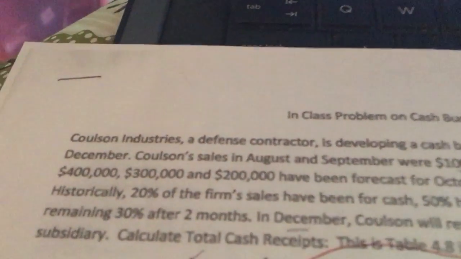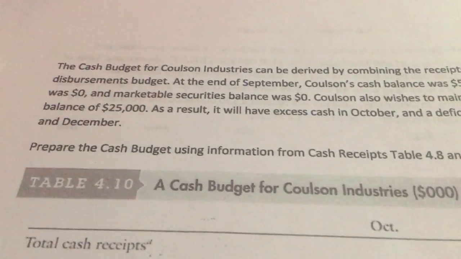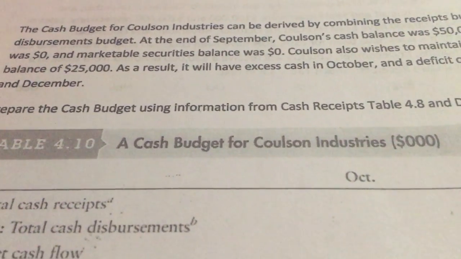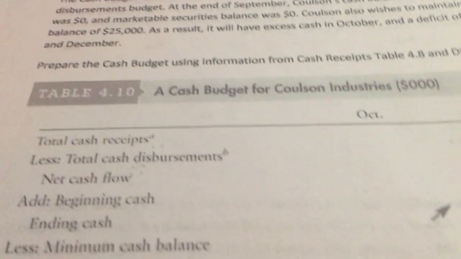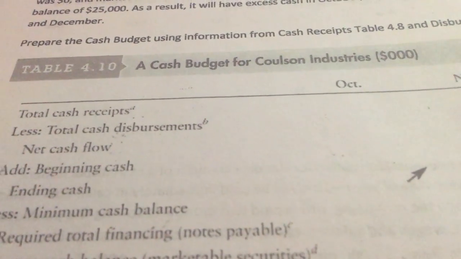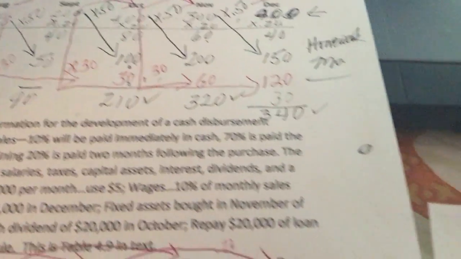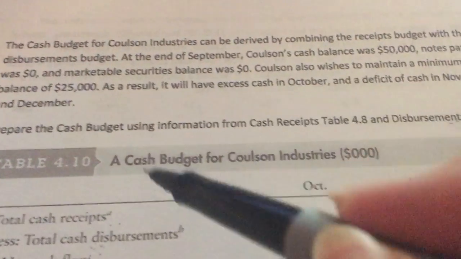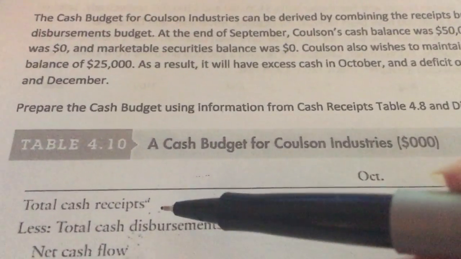In-class problem should be Colson Industries, and we want to look at the page where it says Table 410, Cash Budget for Colson. Okay, so it should look like this, and I'll go check and make sure it's right on the website, okay? Now, let's look at this. What we need here on the first line, we need October, November, December receipts.